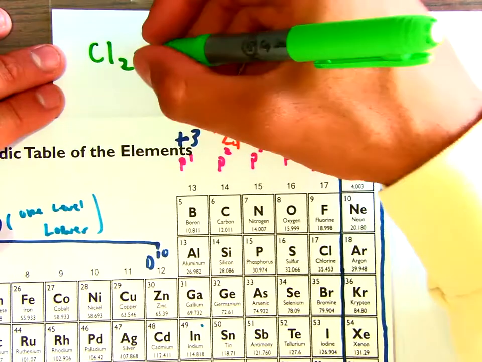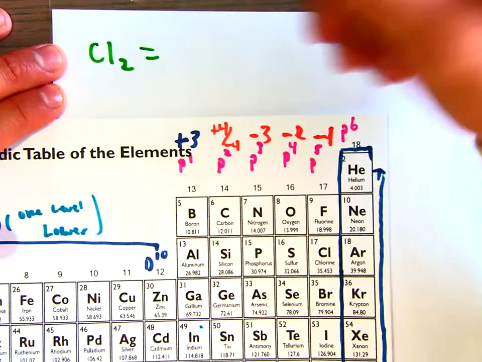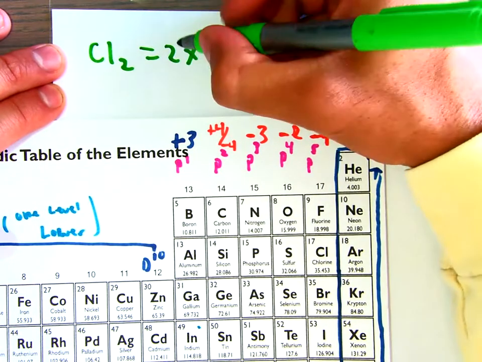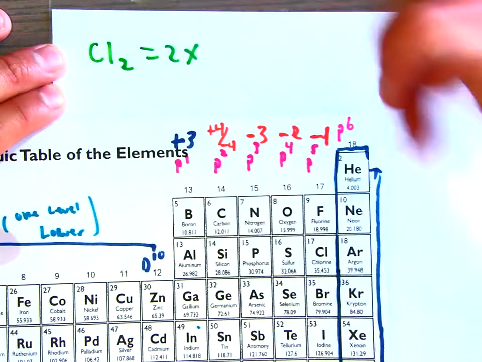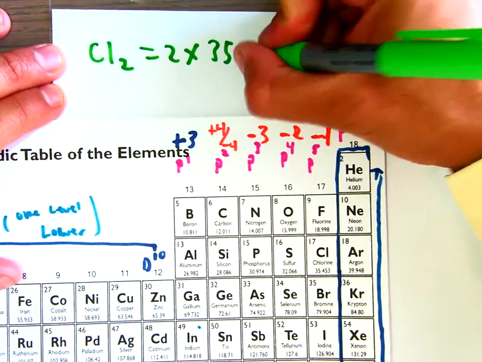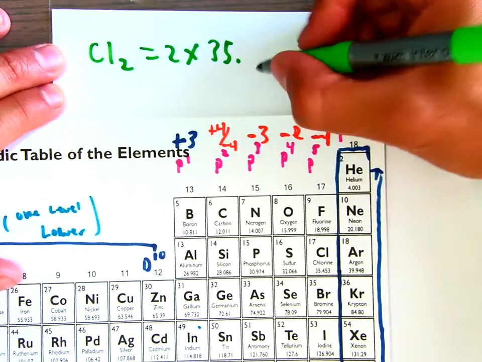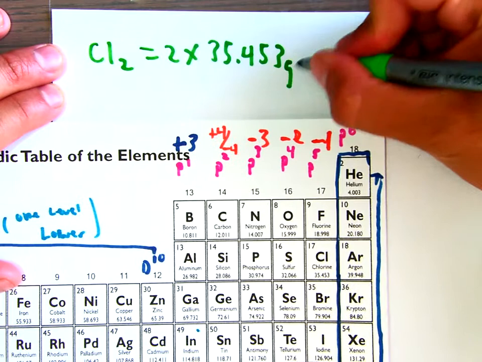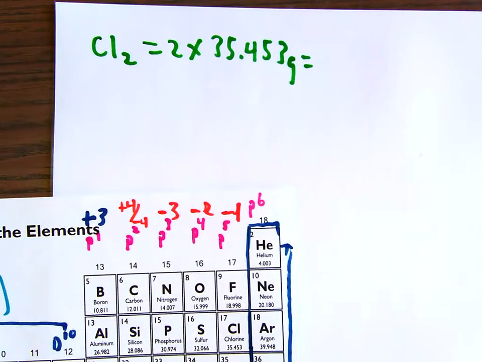Okay, I have two chlorines though, because this 2 represents 2, so I'm going to multiply times 2. I would multiply 2 times the molar mass of the element. So it'd be 2 times 35.453 grams, and that's going to give me my molar mass.